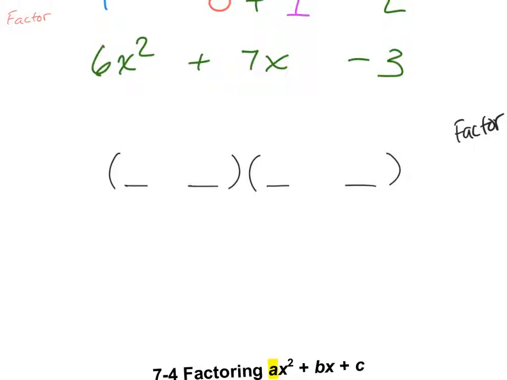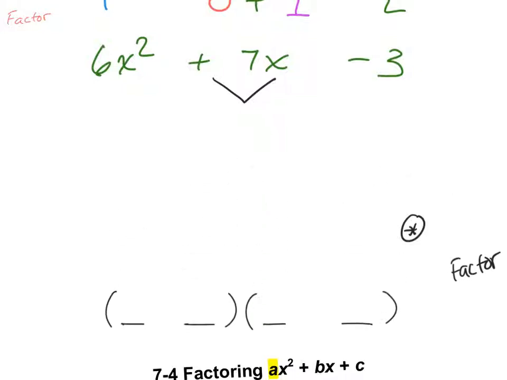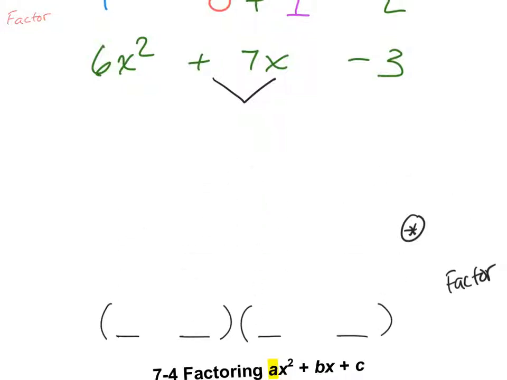The first thing you have to do is figure out what this middle term actually expands out to, so you're working backwards. The way to do that is by asking yourself what numbers add to 7, but you also have to take into account this 6.